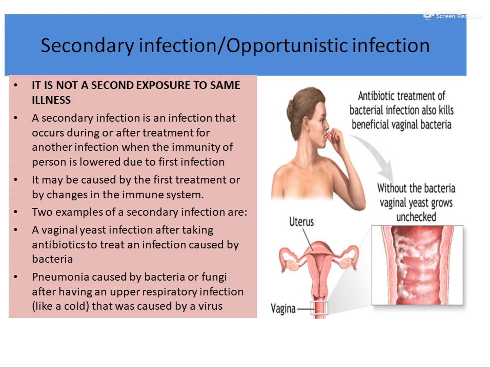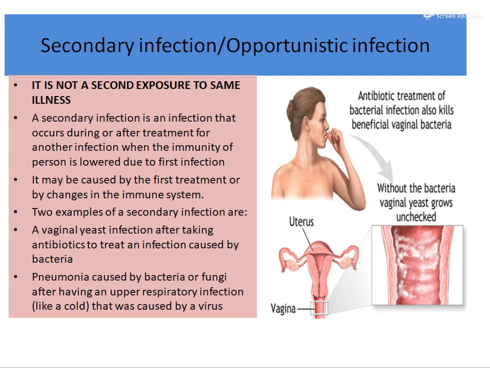Normally, when the normal bacteria grow, the yeast in the vaginal area is kept reduced by their action. But when the bacteria are killed by antibiotics given for some other treatment, the yeast might grow unchecked. So that becomes a type of secondary infection.